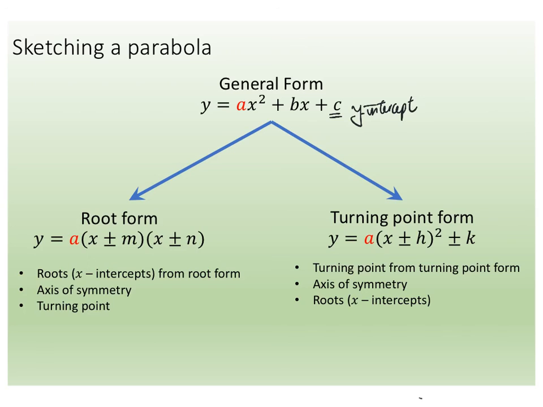The root form will give us the roots or the x-intercepts, the axis of symmetry, and then the turning point by substituting x equals to the axis of symmetry into the equation. The turning point form will give us straight away the turning point and then the axis of symmetry, and then you can work out the roots. Alright, a here just tells us whether it is narrow or wider. If it is negative, it is an upside down parabola.